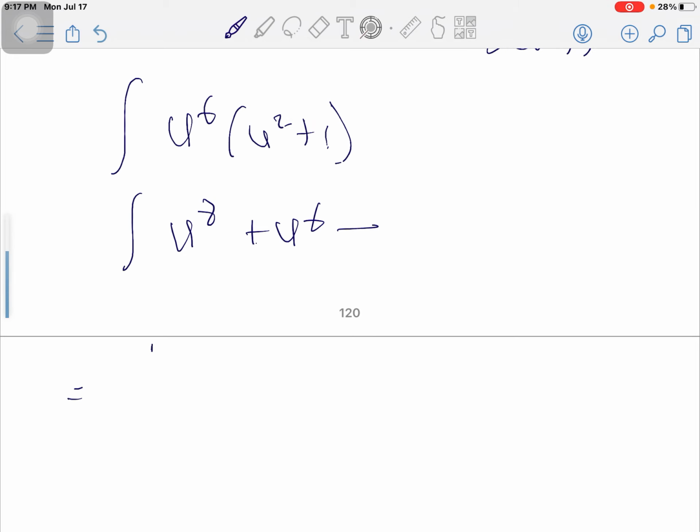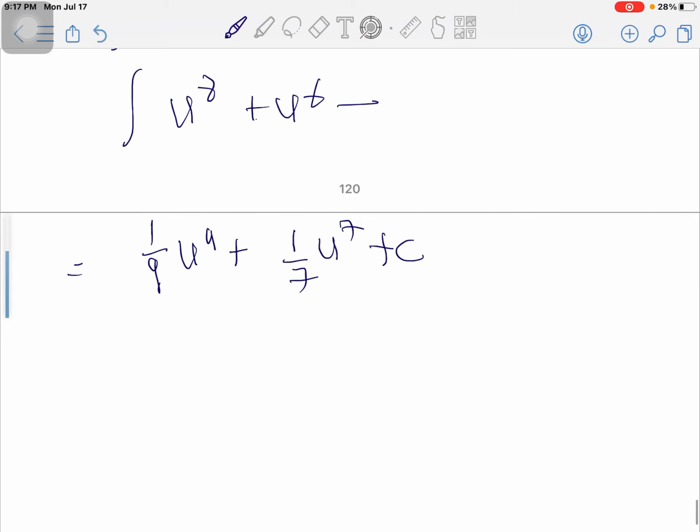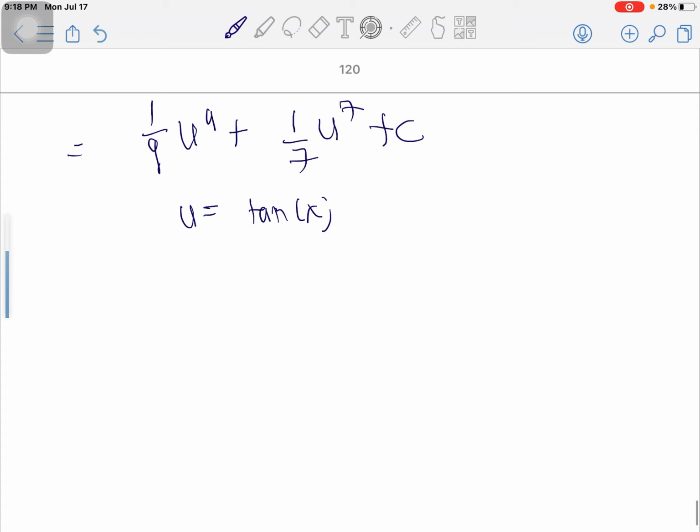Now that we have this expansion, we can go ahead and do our integration. Doing the integration, we get 1 over 9 u power 9 plus 1 over 7 u power 7 plus c. Don't forget that we said let u equal tan of x.